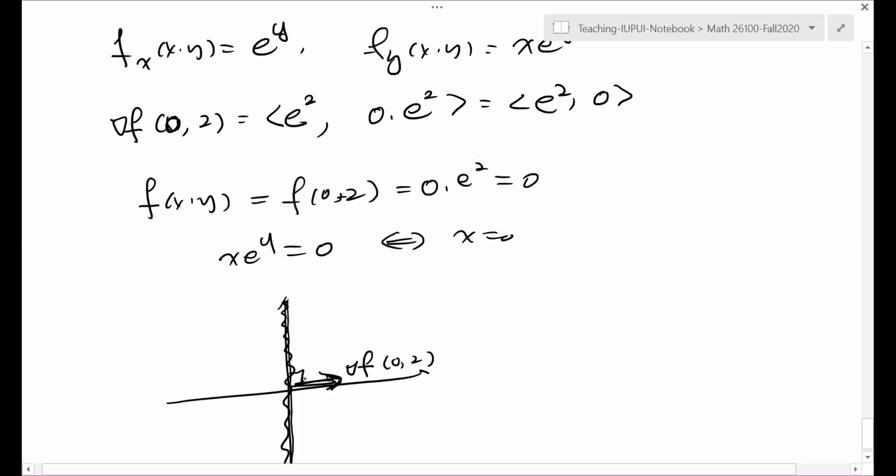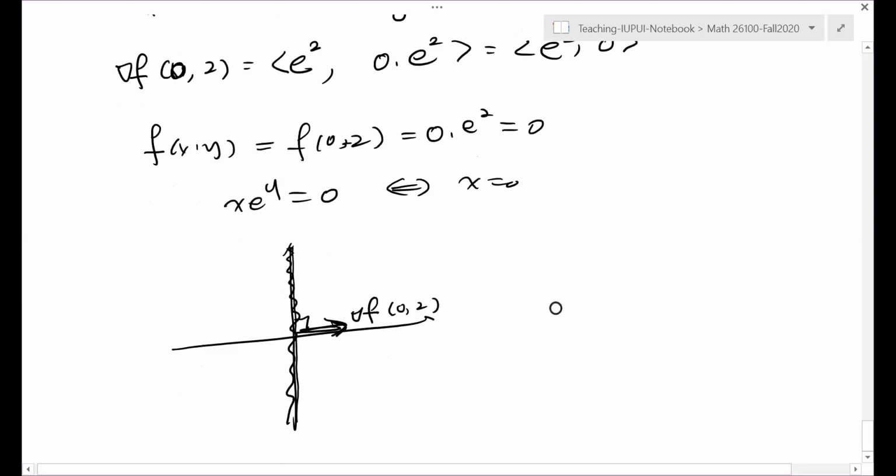It's a 90-degree angle here. Now how about the other level curves? If it's 1, then x is going to be e to the negative y. When y is 0, x is 1, so it goes like that.